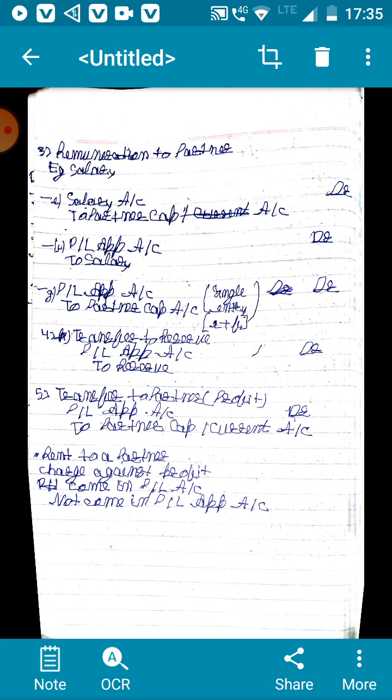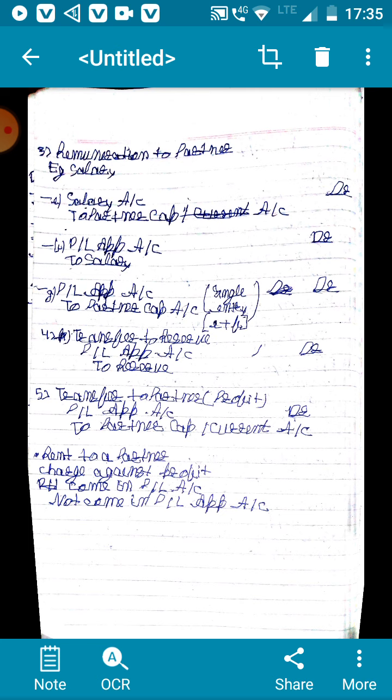Now the transfer to partners. If there is profit, then profit and loss appropriation account debited to partners' capital accounts. As we discussed before, interest on loan to a partner is charged against profit because it is paid even in the absence of a partnership deed.